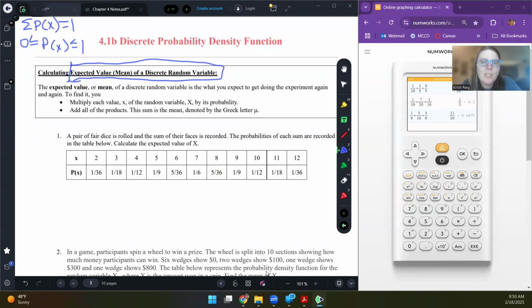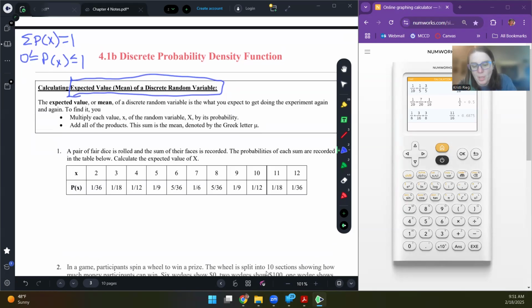So the way we find the expected value or mean, and we use those words interchangeably, is to multiply each value of x by its probability and then add all of the products. That sum is the mean, which is mu. Okay, let's talk about what that means. First of all, going back to what we know about probability, if the sum of all the probabilities is equal to 1, 100%, this is everything.